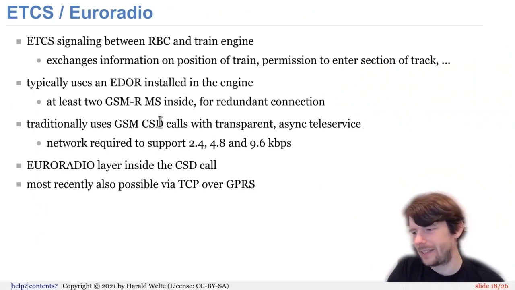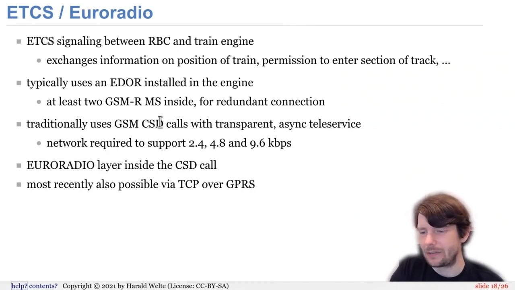So you have an RFID transponder in the track every so many meters. And when the train drives over this balise, it detects where exactly it is on the track, and that information is sent over ETCS, over GSM-R, to the RBC, so the RBC knows where the train is.